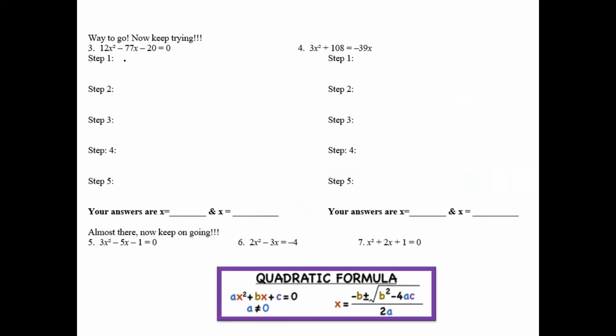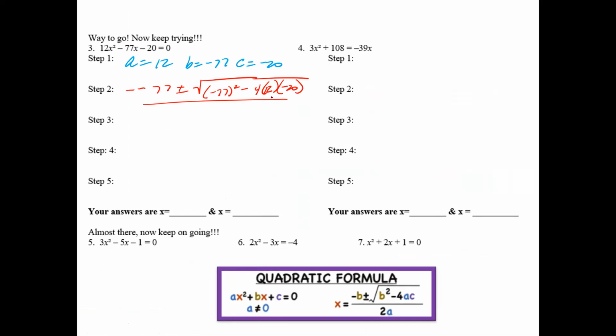So for number 3, first step, a equals 12, b equals negative 77, c equals negative 20. Plug this into the equation. Negative b is a negative 77. B squared minus 4ac all the way over 2a, so 2 times 12 is 24.